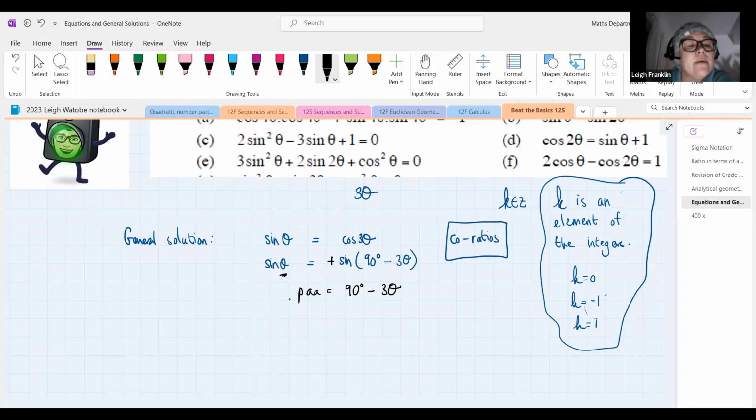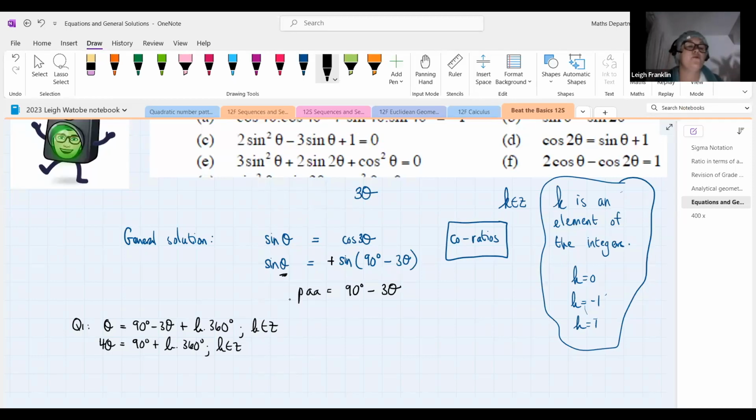In quadrant 1, you would write theta equals your PAA, 90 minus 3 theta, plus k times 360, k an element of the integers. That would come over. This would give us 4 theta equals 90 plus k times 360, k an element of the integers, and we would divide through by 4. So theta would be equal to 22,5 plus k times 90, k an element of the integers.